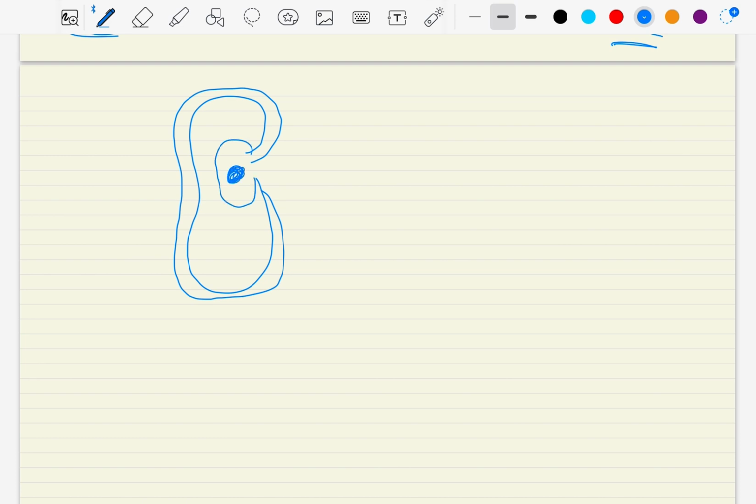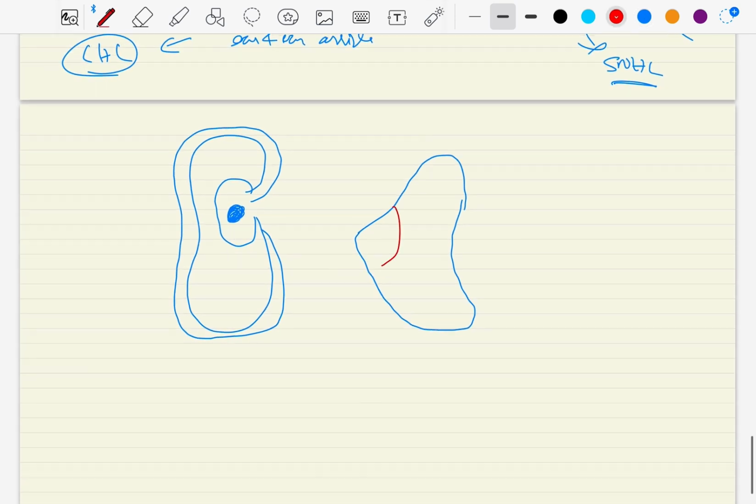Let's draw from the back side. The inside part of the external auditory canal is supplied by the 7th nerve and 10th nerve.